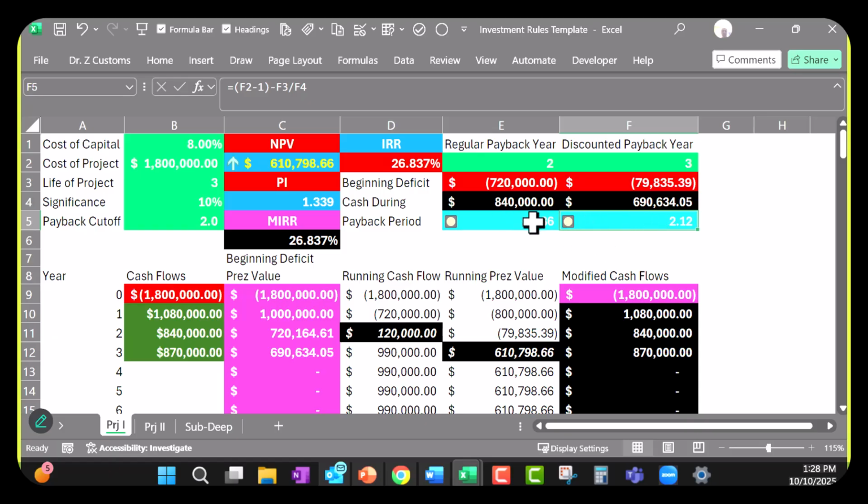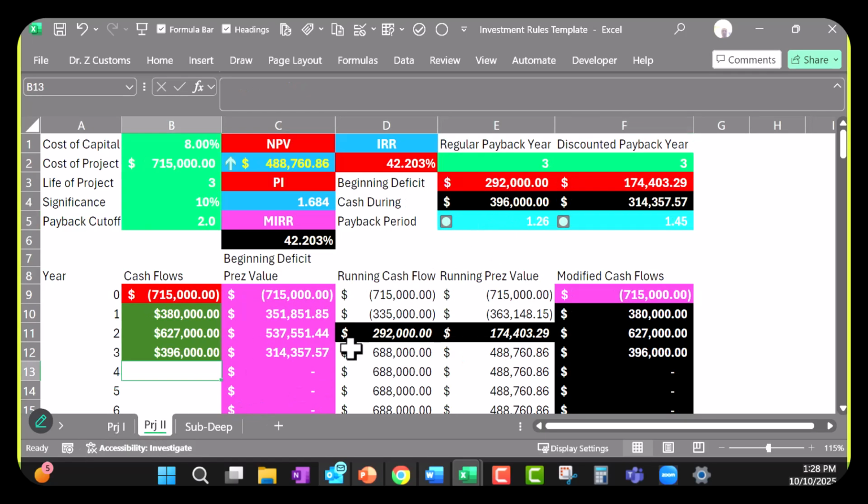Green light, yellow light. Project 2, in both cases, both regular payback and discounted payback, we get our money back in year 2.